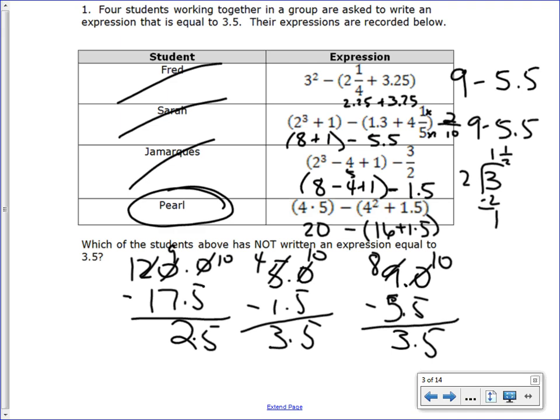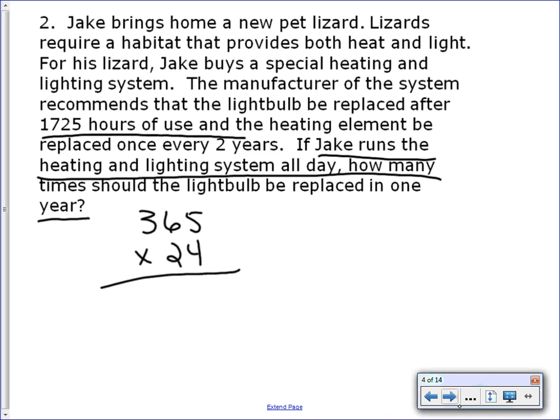equal to 3.5. Our next problem, I'm looking at the things that matter the most here are that there's 1,725 hours of use, and he runs for one light bulb, and Jake runs the heating and lighting system all day for a year. So I need to figure out first how many hours there are in a year.